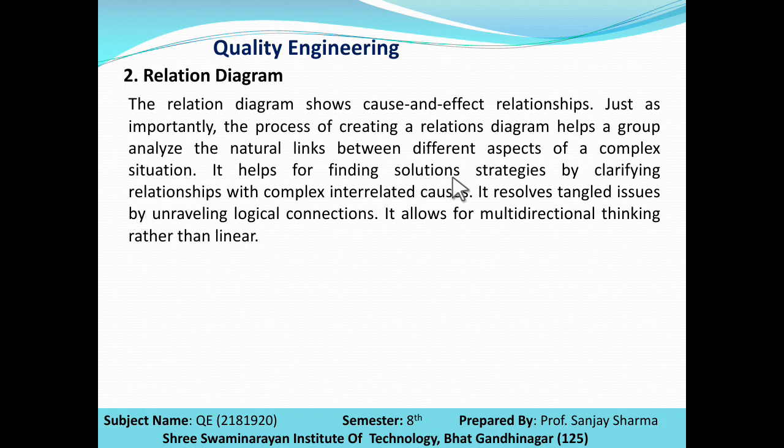It helps in finding a solution strategy by clarifying the relationships among complex interrelated causes. So we can say that the relation diagram helps in finding the cause and the effect of a particular thing with the help of relations.